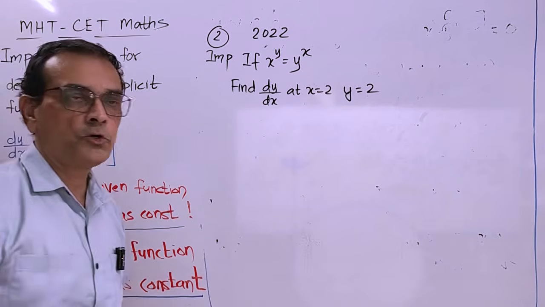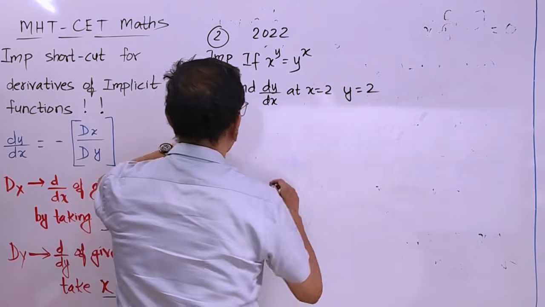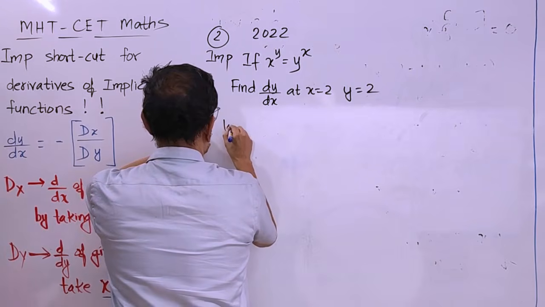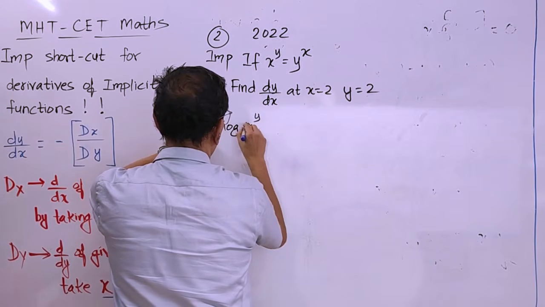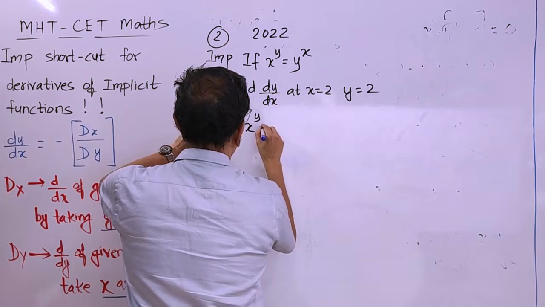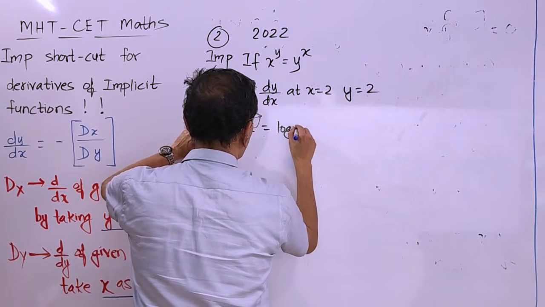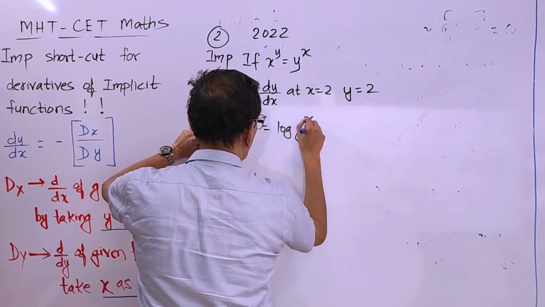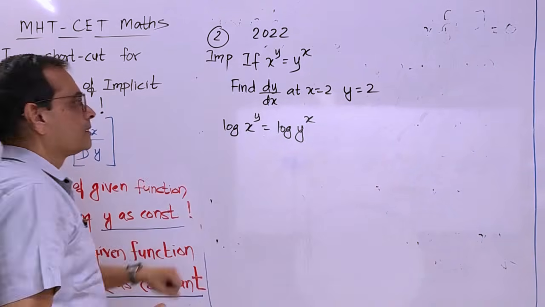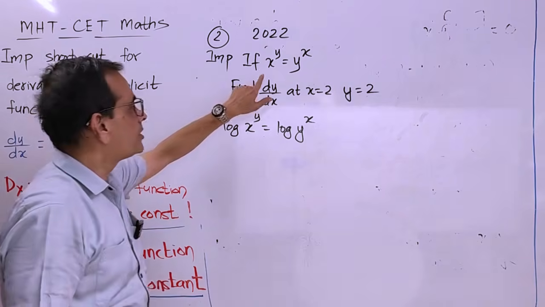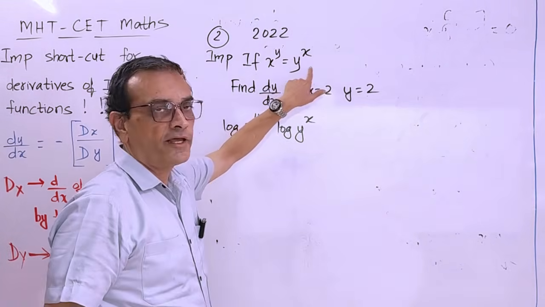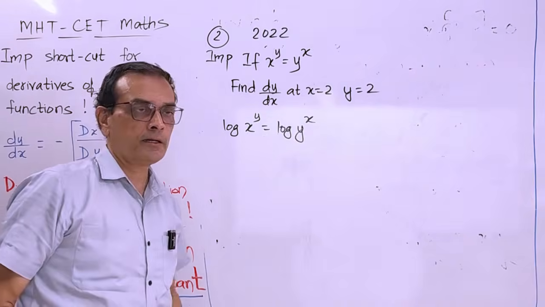Okay, so what do we do? Taking logs on both sides. Log of x raised to y is equal to log of y raised to x. Why do you take logs? Because it is variable raised to variable.